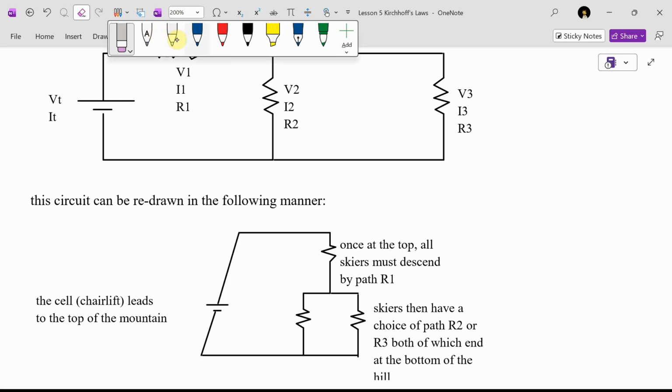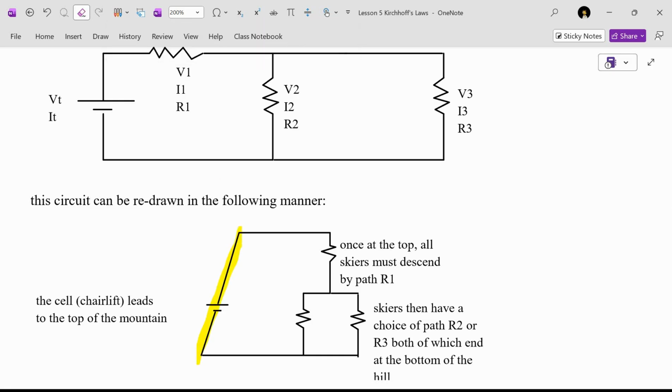Everyone goes on the chairlift. Everyone goes through this hill. That's R1. And then they split up. And yes, mathematically, those are identical. I'm lazy but organized. I don't want to get in the habit of redrawing every circuit. Get used to just imagining that this is that without redrawing it.